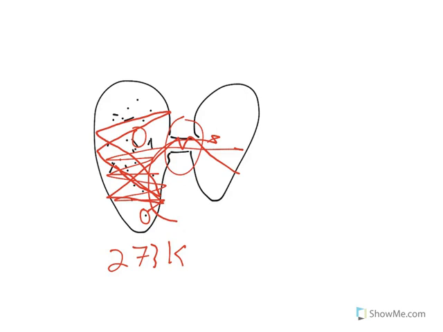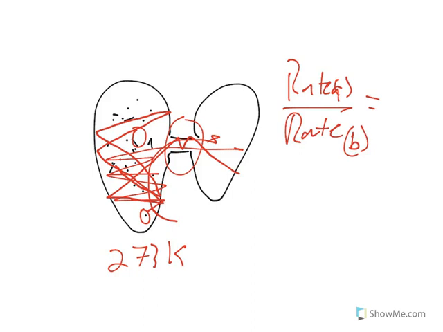So as you can hear, I'm grabbing my Chem Bible out of the desk drawer so I can write down Graham's law. On here you should be able to find it. It's the one that says rate of A over rate of B equals the square root of the molar mass of B. On your Chem Bible it has M times W. Okay, it's the molar weight, I think is what they're trying to say there.